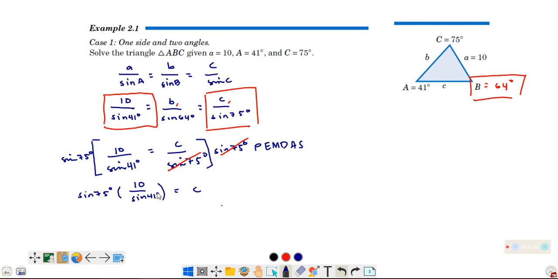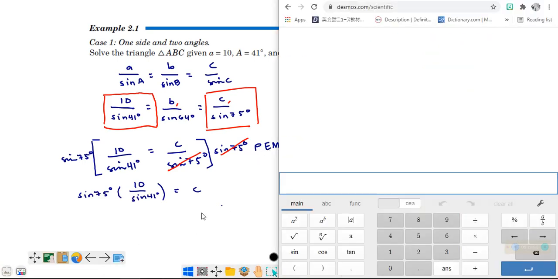So, gamit tayo ng scientific calculator at saka i-apply natin yung idea ng PEMDAS. Kung meron naman tayong scientific calculator, magde-decide na siya para sa sarili niya, susundin na niya agad si PEMDAS. So, we have here sin 75 multiplied by 10 over sin 41 degrees. We have sin 75. Make sure that it is in degree mode ulit.